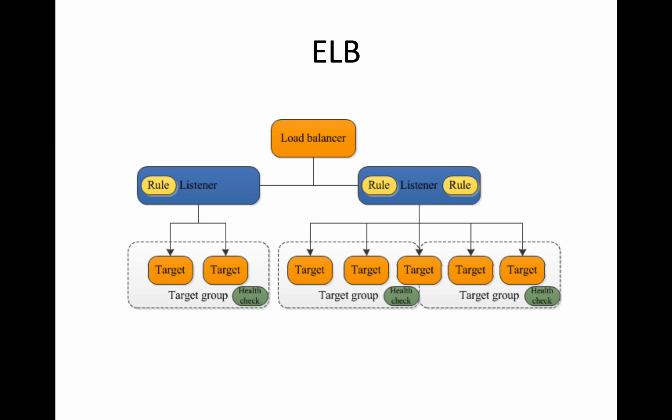That's pretty typical. So if a customer is making a request for an image, that might be handled by one listener and go to a particular target group. But if the customer makes a request for something like an ordering page, then that might go to a completely different listener and target group.